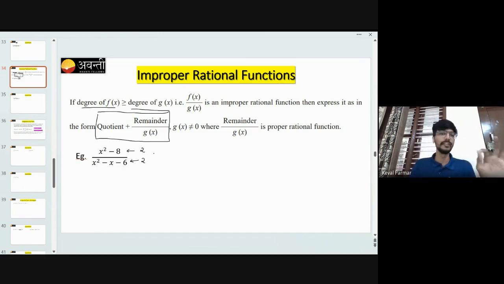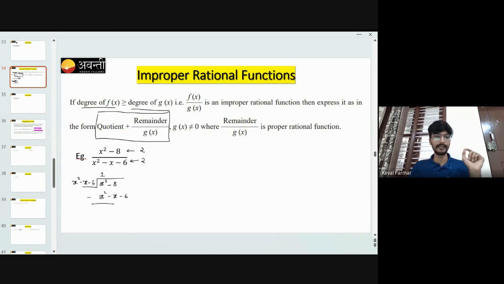What we do is use divide and rule: divide x squared minus 8 by x squared minus x minus 6. What will come here? We will use 1. So this into 1 will be x squared minus x minus 6.